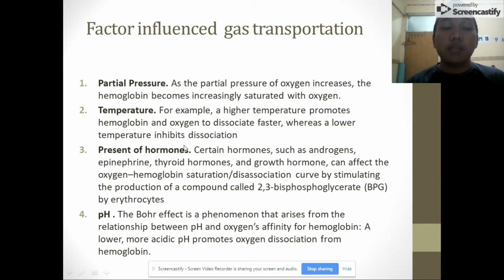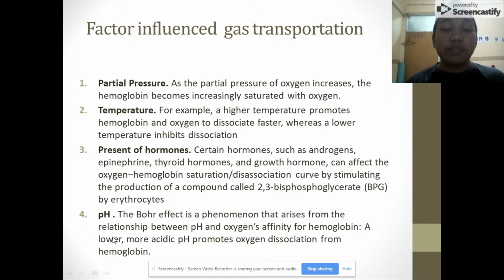The third one is the presence of hormones. In our body there are certain hormones that influence gas transportation, such as androgens, epinephrine, thyroid hormones, and even growth hormone. These hormones affect the oxygen-hemoglobin saturation or dissociation curve by stimulating the production of a compound called 2,3-bisphosphoglycerate, or DPG, by erythrocytes.